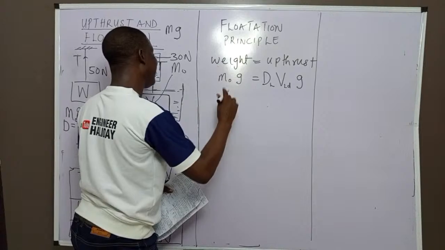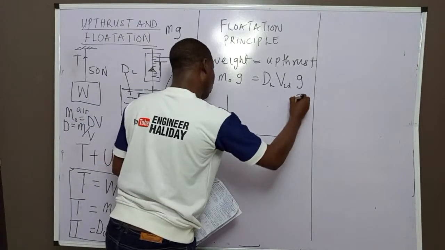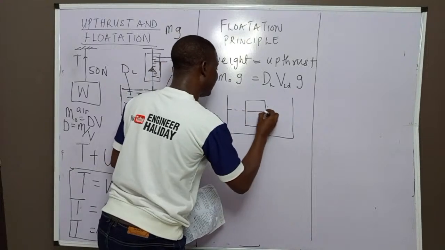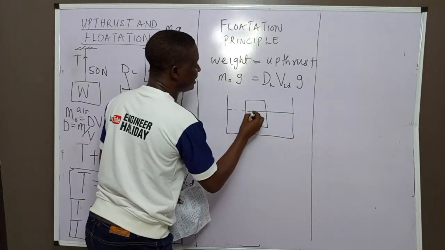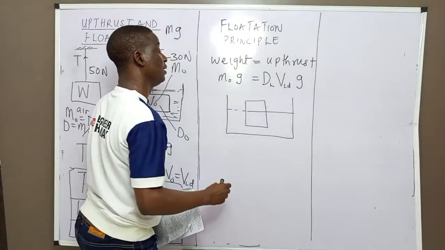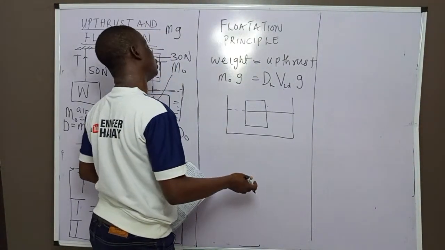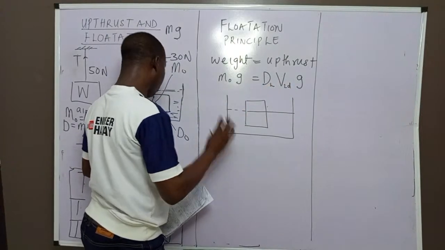For a body to float, there must be some fraction outside and some fraction inside the water. If everything is in water, the volume of the object is equal to the volume of liquid displaced.